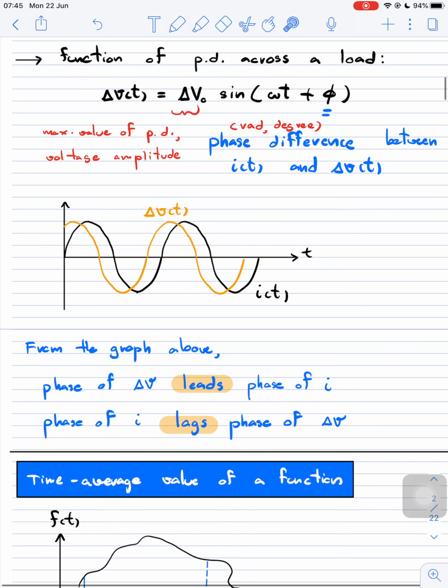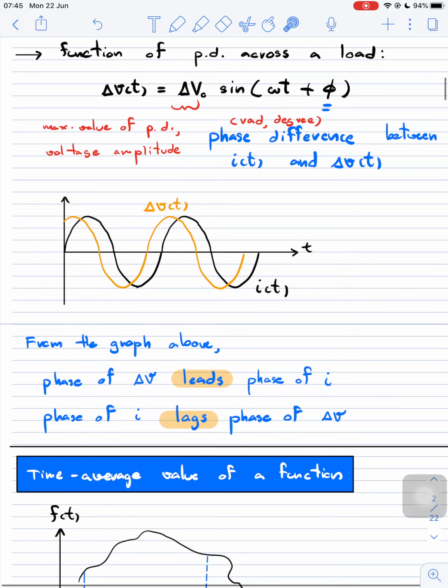Now from this graph, I just want to mention that, specifically only for this graph, you can see that the phase of delta V is leading the phase of the current. The current graph is this one.